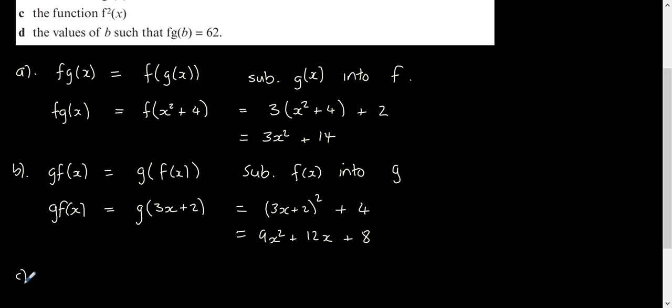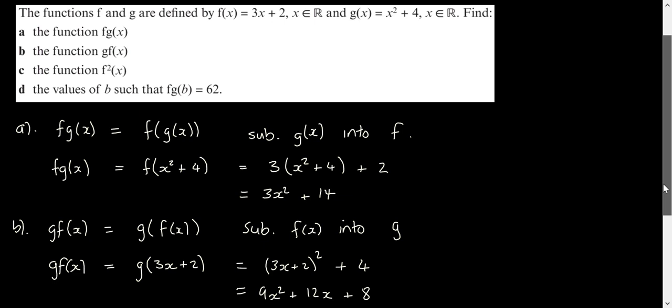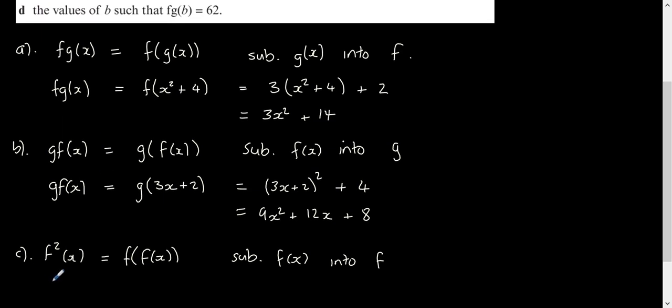Next, we've been asked for this, which is quite interesting, f squared of x. Now, f squared x is f of f of x, just like we did in the last example. It's just another way of writing it. So we're going to substitute f of x back into f. Now our function f of x was 3x plus 2.